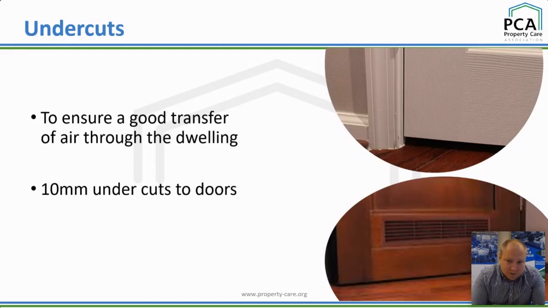If you've got an unfinished floor, particularly if you're going in during the commissioning phase or during the build phases, on a new build, you should have 20 mil on unfinished floors. But don't underestimate the significance that plays on airflow throughout a property.